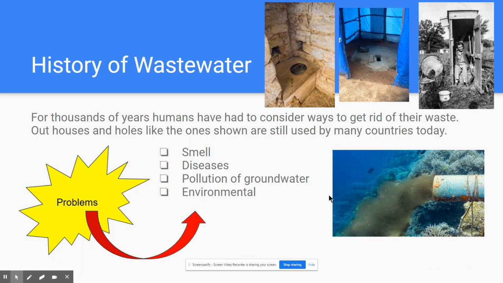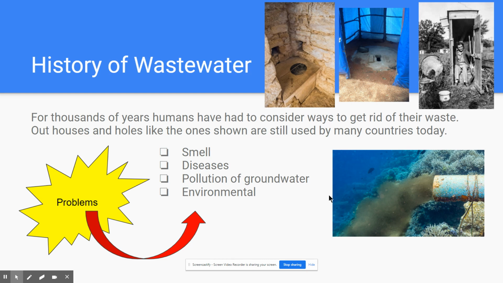So now that we know what wastewater is, let's look at the history of wastewater. For thousands of years, humans had many different ways that they got rid of their waste. Predominantly, most of the ways was they just simply dug a hole and put their waste in that hole, covered it up, and that was it.